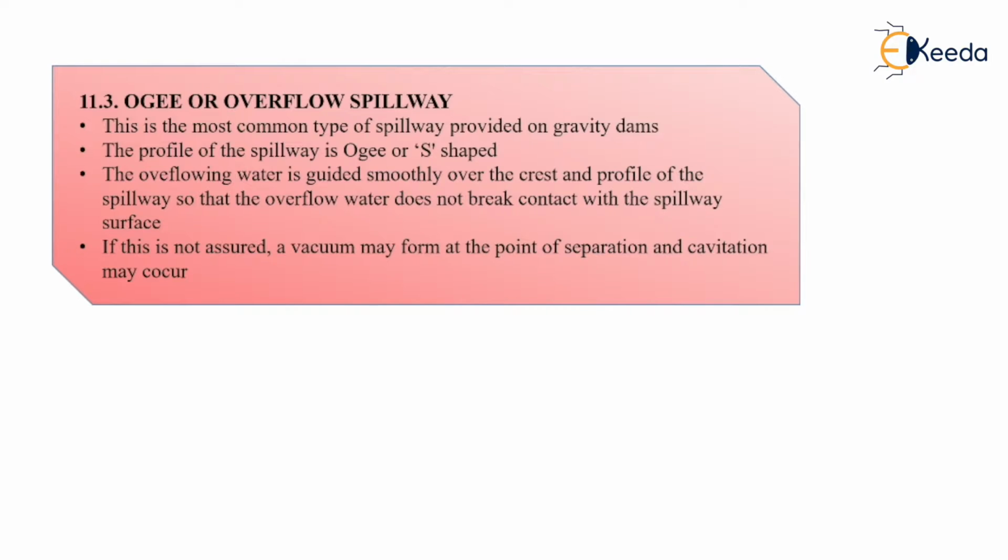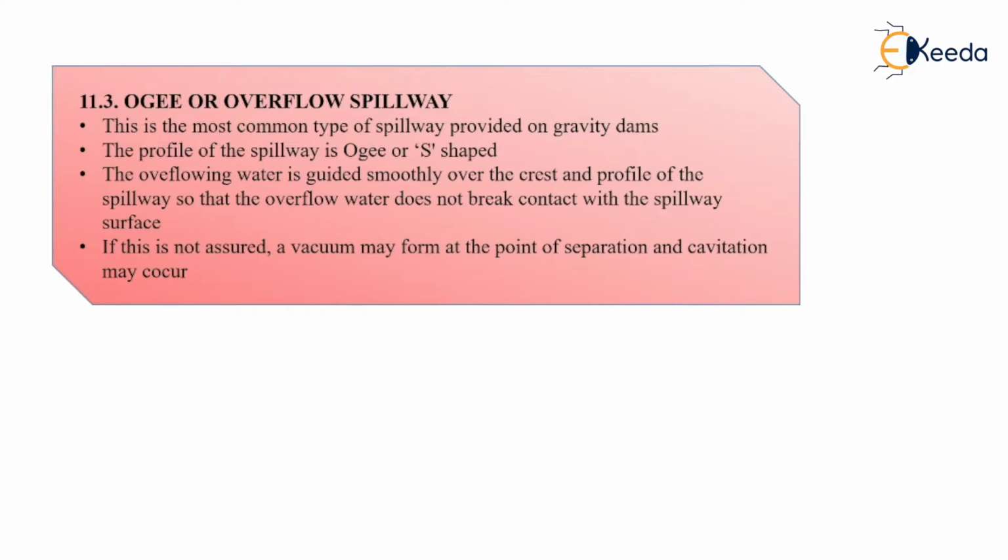In the previous types of spillway, you have seen that some spillways are constructed submerged into the water level only. Some spillways are constructed in the body of the dam by forming a siphonic action.